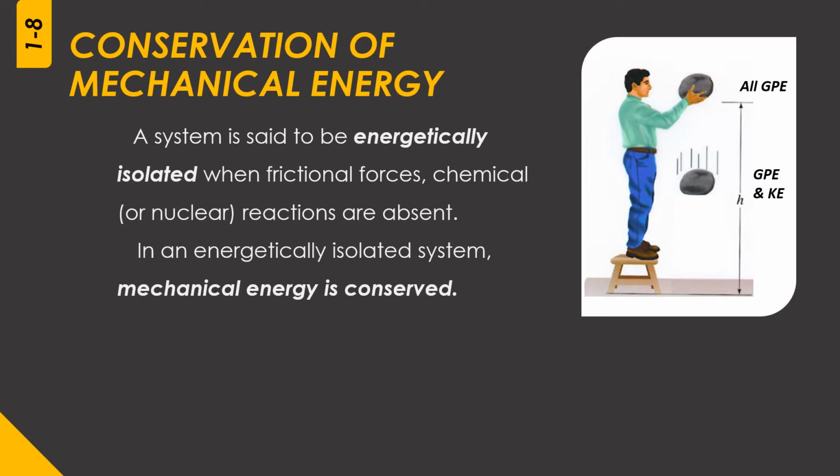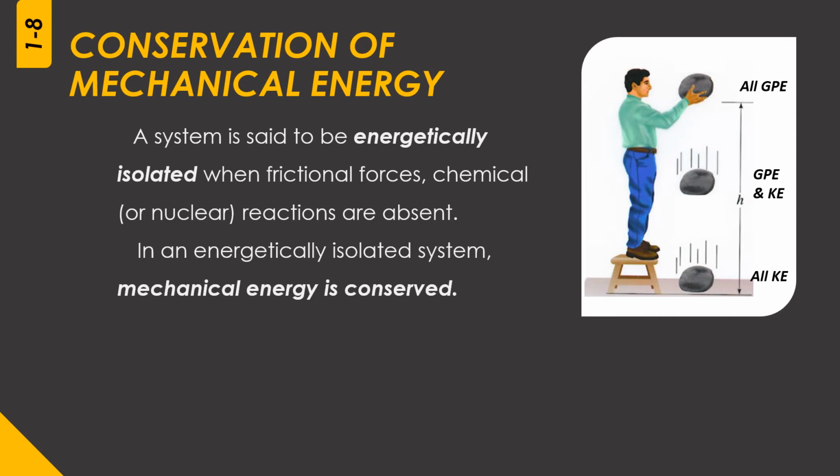Together, they form mechanical energy. The important thing is that the sum of GPE and KE at this point is equal to the gravitational potential energy at the beginning. Now, the final position, when the stone hits the ground, has no height, so it has no gravitational potential energy.